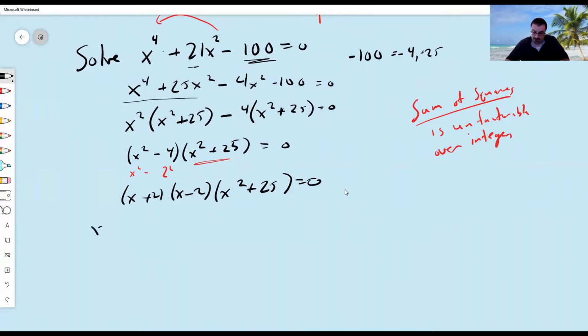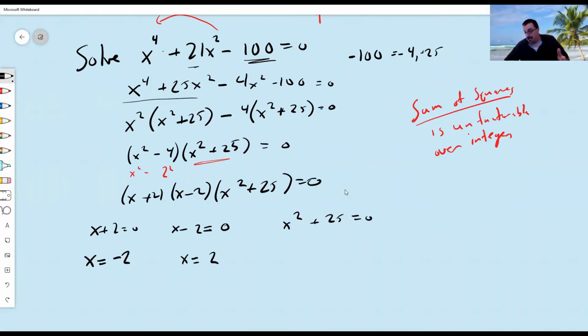So every factor equals 0. I have x plus 2 equals 0, x minus 2 equals 0, x squared plus 25 equals 0. So x is minus 2, x is positive 2. This one, if I get the x squared by itself, I can just square root it.